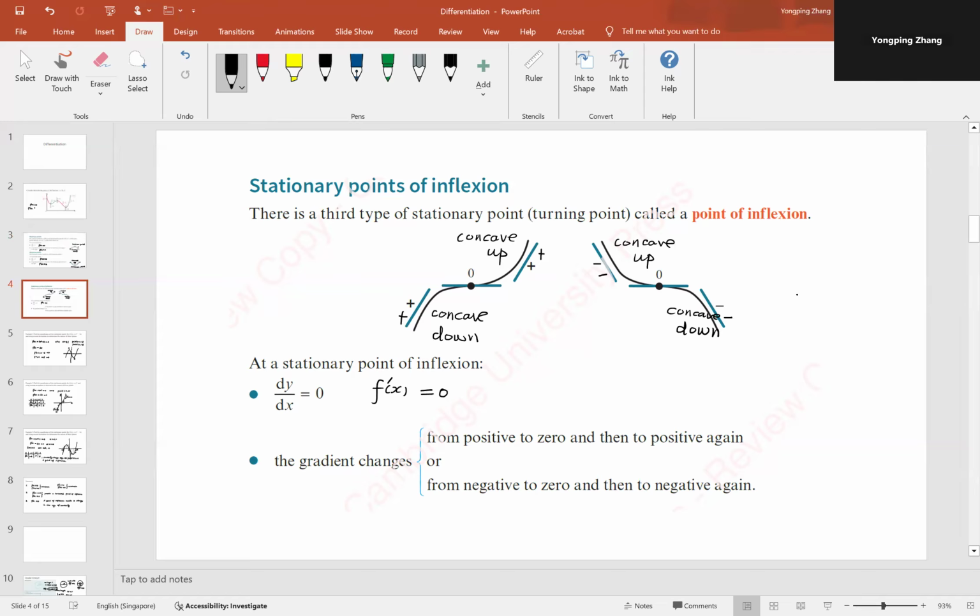The gradient changes from positive to 0, then to positive again, or from negative to 0, then negative. This is the inflection point.